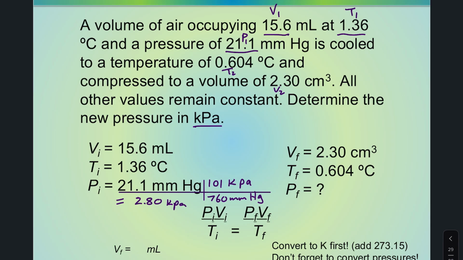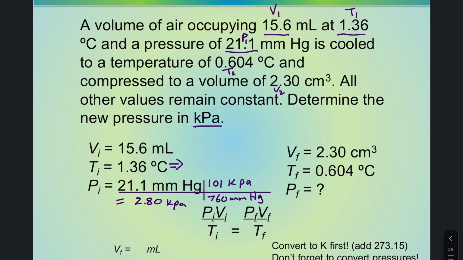Now, the other thing you should notice is that we have 1.36, and that is going to be in Celsius. So what we do is we add 273 to that to get it to Kelvin, because we cannot do these equations if they are not in the correct units. So Kelvin, we're going to add 273 to that.